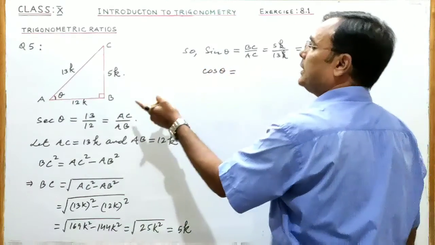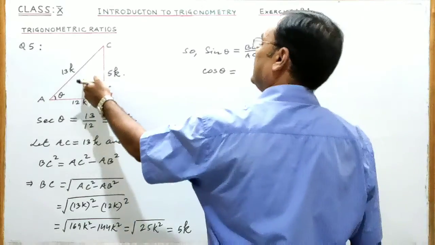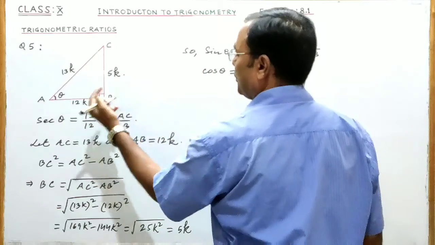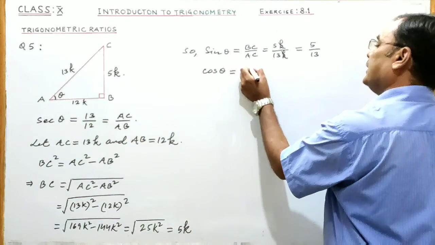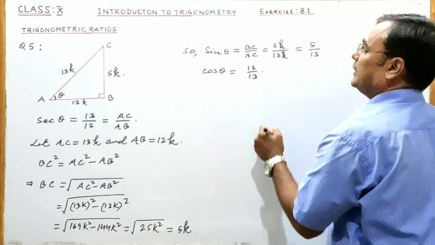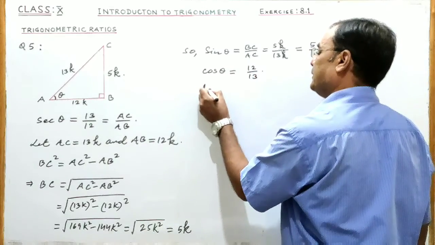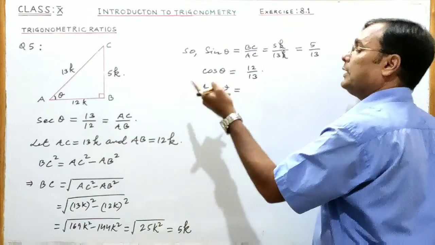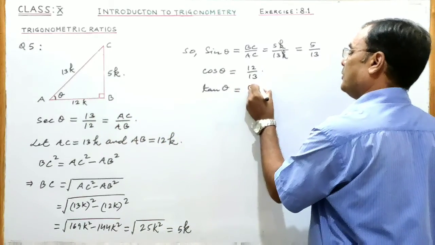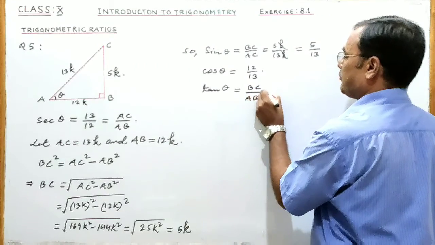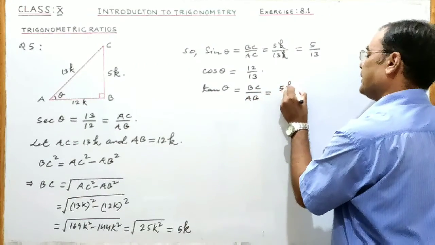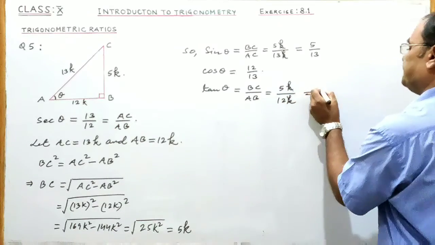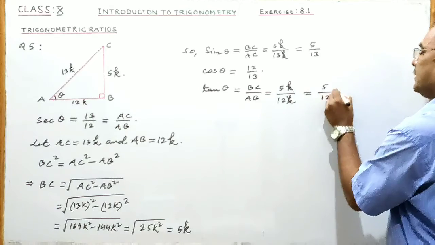Cos theta is base by hypotenuse, and cos theta is reciprocal of sec theta, so directly we can write 12 by 13. Tan theta is defined as perpendicular by base, BC by AB, so 5K by 12K. K cancelled, 5 by 12.